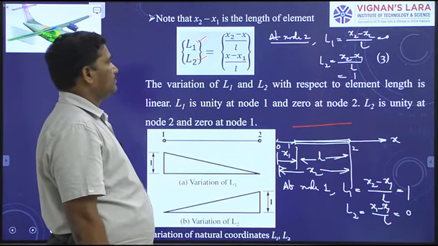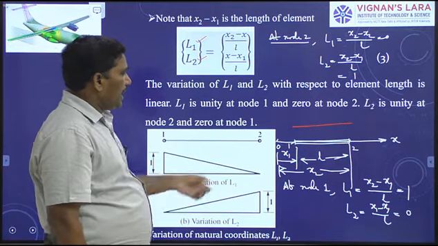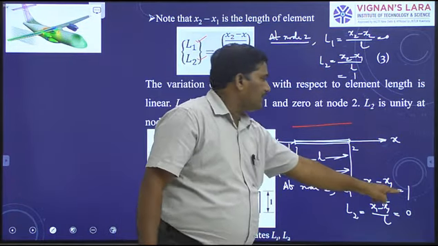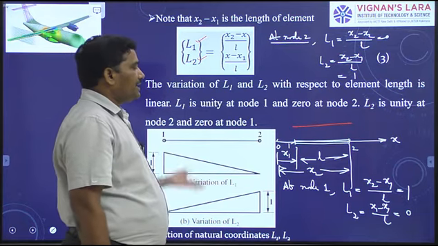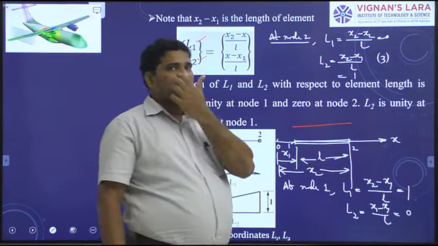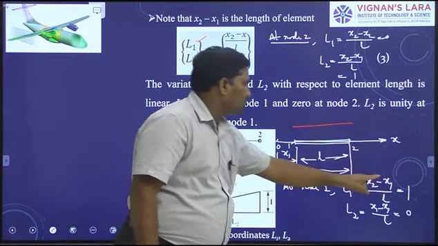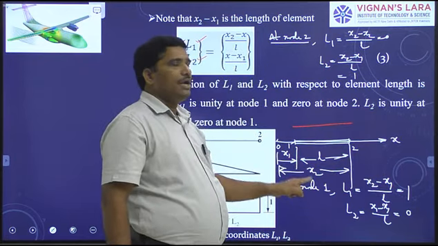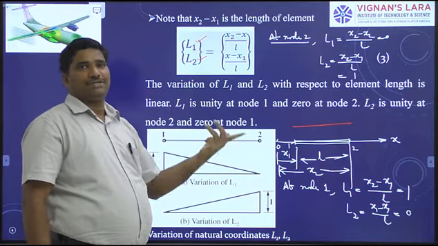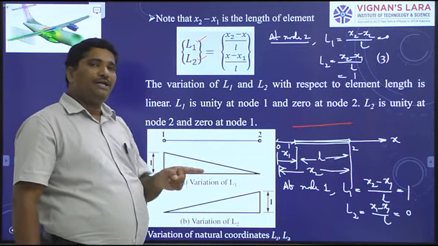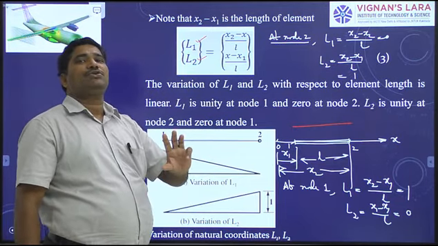Next, one more thing: at node 1, L1 is unity and at the other node, L1 is 0. L1 is unity at node 1 and L2 is unity at node 2. Another observation: at every point on the element, the sum of the natural coordinates is unity.